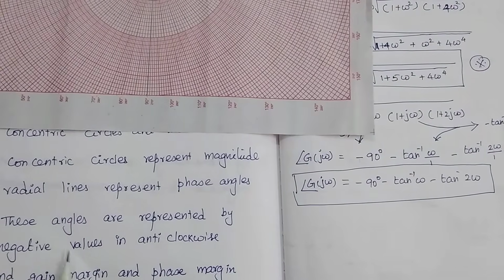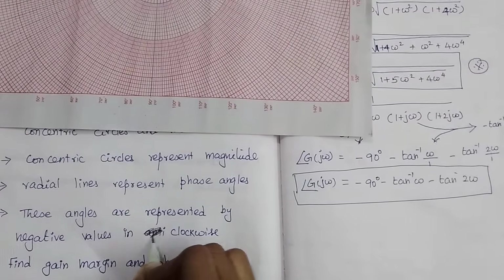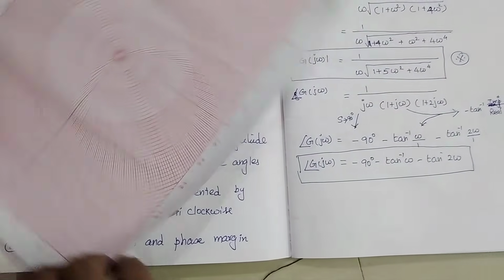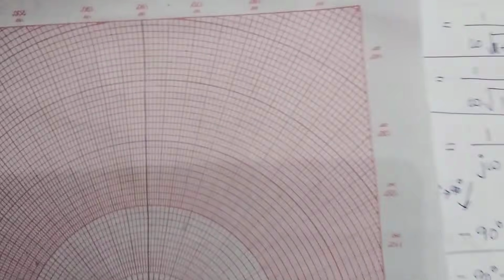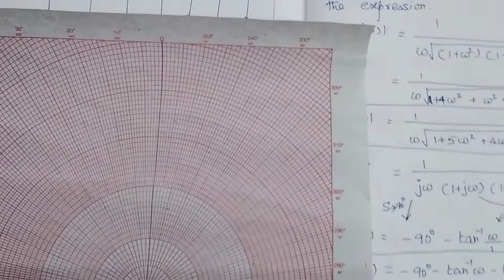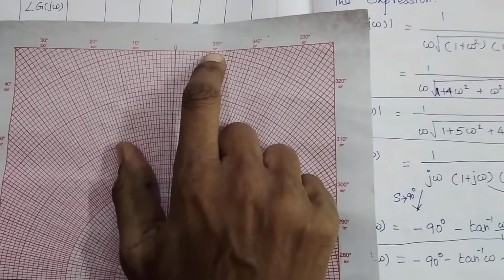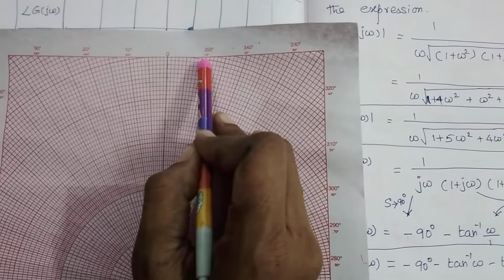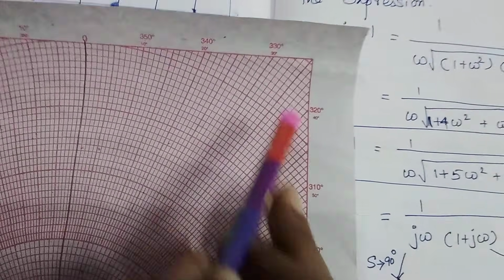See, these angles are represented as negative values in the clockwise direction, and from this we need to depict all the points and find the required gain and phase margin. It has a 0 value, and starting from there in the clockwise direction it shows negative values: 10, 20, these are all negative values.